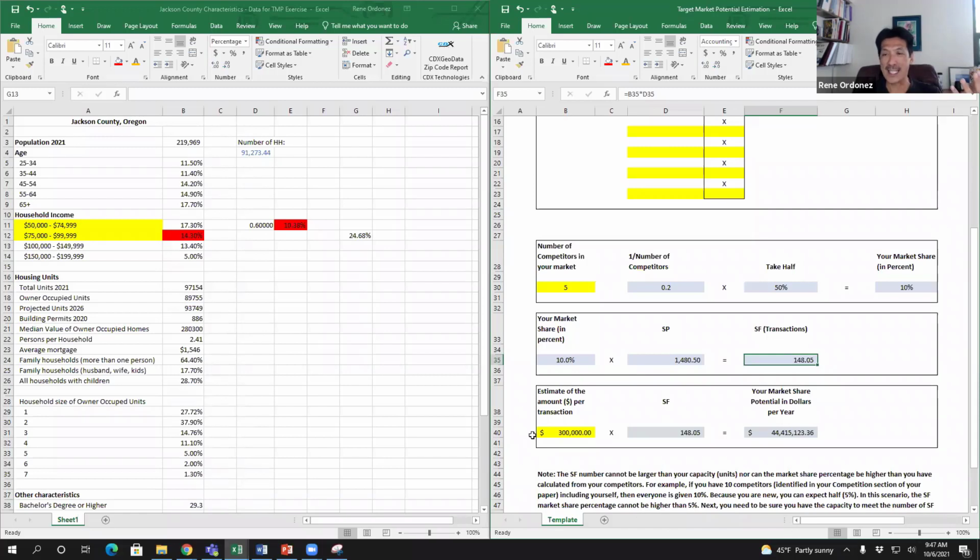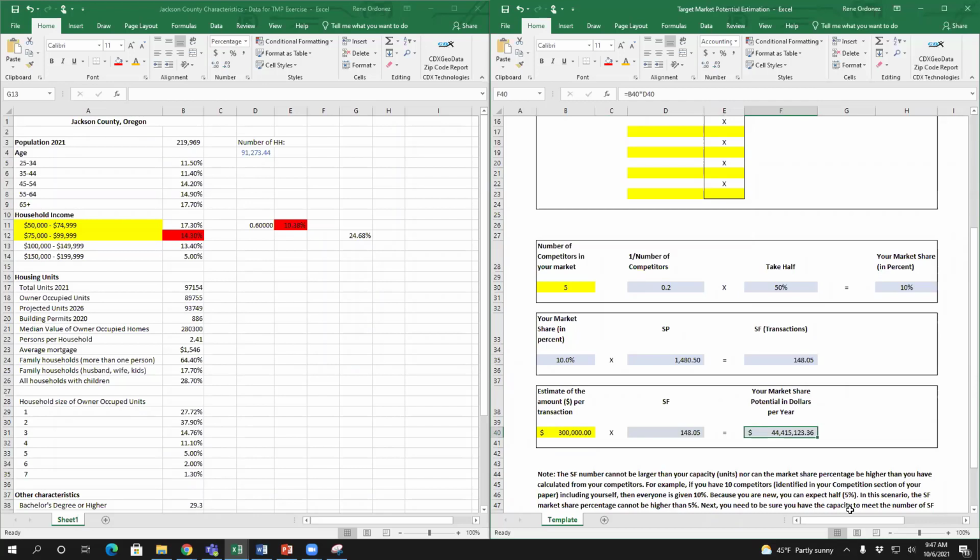And then priced at 300,000, the average construction, here's your market share: 44,400,000. That's ridiculous. Huh? It seems ridiculous.